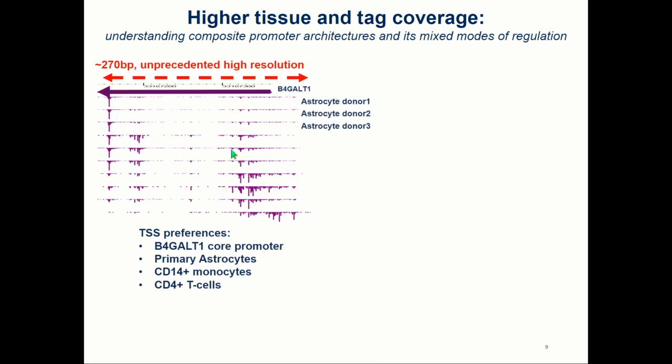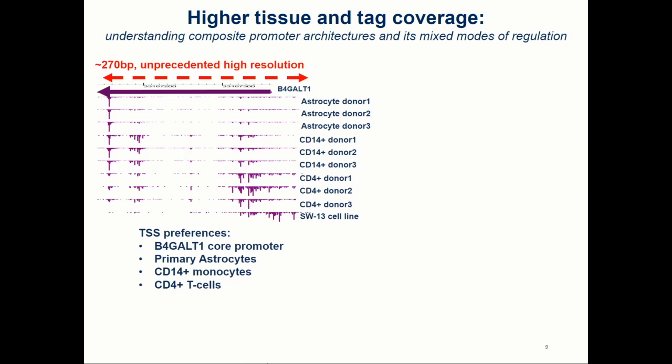The first group is for 3 different samples from 3 donors of astrocytes. But then you see some more upstream from CD4, CD14, CD4, and finally some ENCODE cell line here. So the same, what we call the same promoter, uses different sets of initiation sites in different cells and tissues.